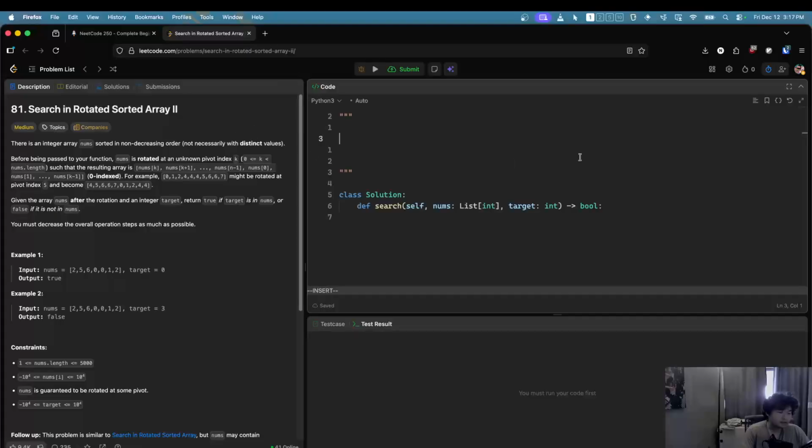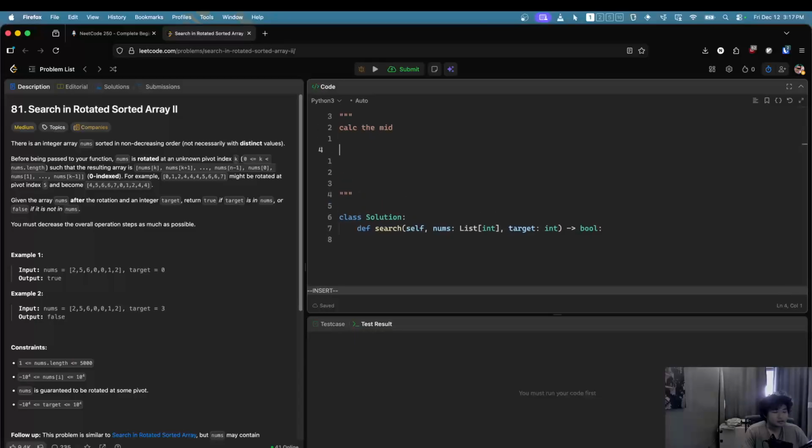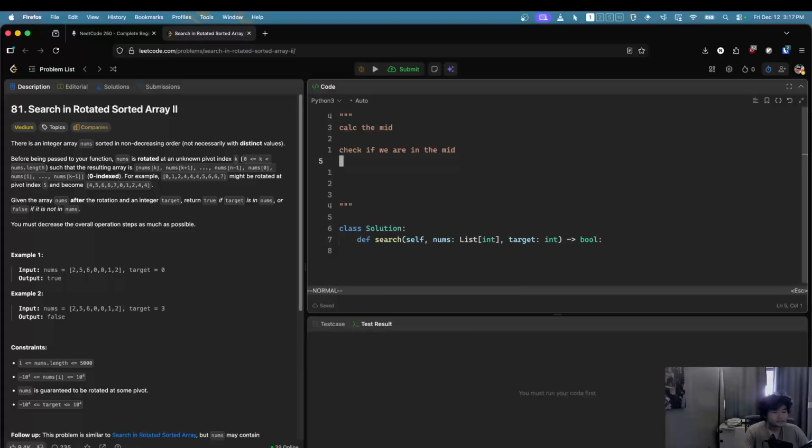Well, okay. I know the idea is having a pivot. Once you calculate the mid, check if you're on the left side of the pivot or the right side.